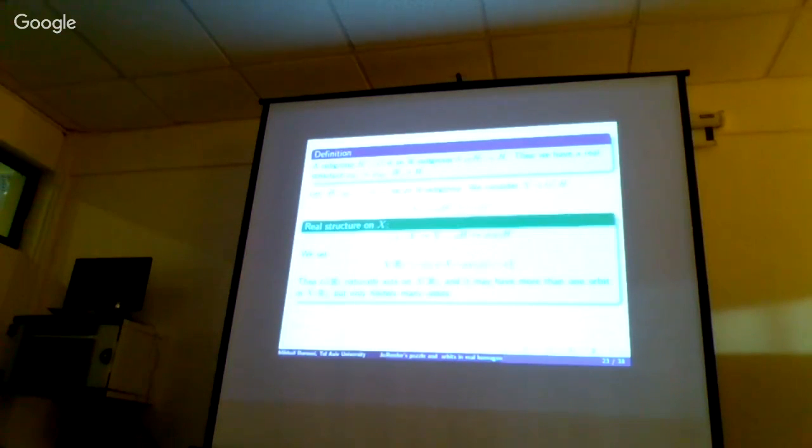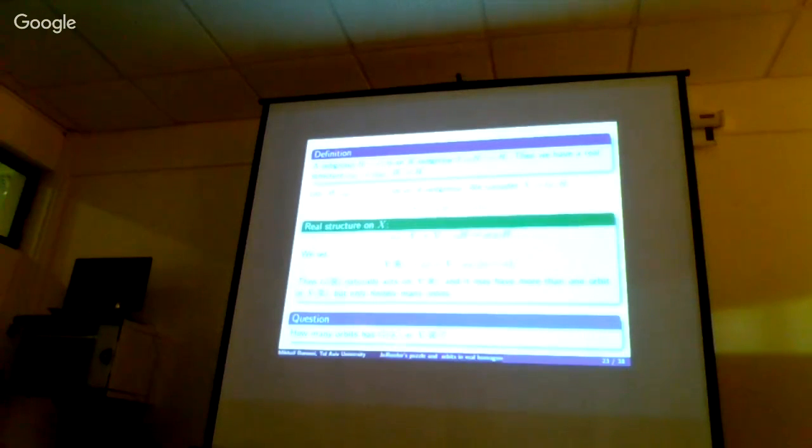And then we define X(R) as the elements in X which are fixed under this structure. Now, G(R) acts on X(R). But now it can have more than one orbit. It has finitely many orbits. And a natural question is how many orbits G(R) has in X(R).